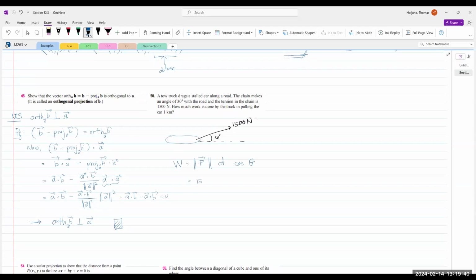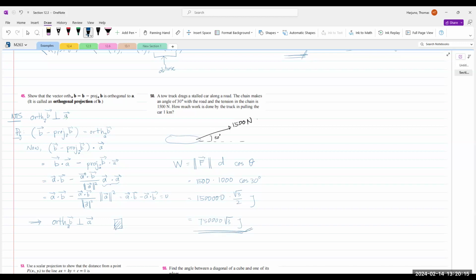So we have 1500 newtons times 1 kilometer, which is 1000 meters, times cosine 30 degrees. So that will be 1500 times 1000 times radical 3 over 2 joules. That's 750,000 radical 3 joules.